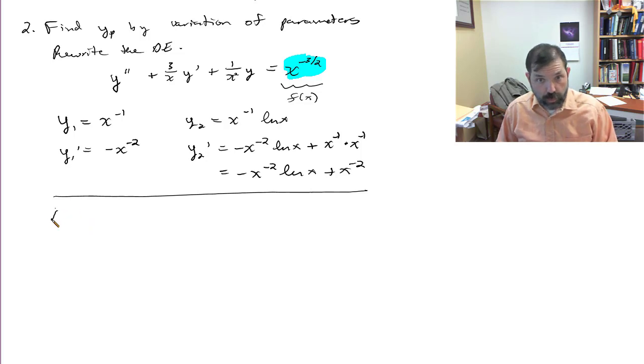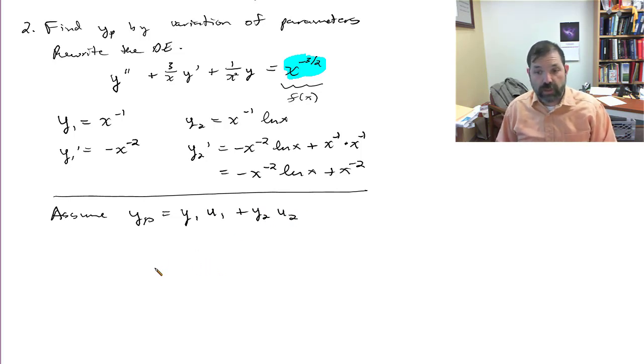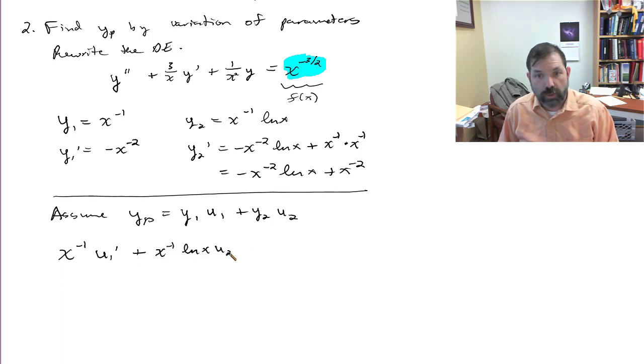All right, if we assume that yp takes the form y1 times some u1 plus y2 times some u2, and we've derived the system of equations for this, then what we find is x to the -1st, y1, times u1 prime plus y2, x to the negative first natural log x times u2 prime will equal 0.